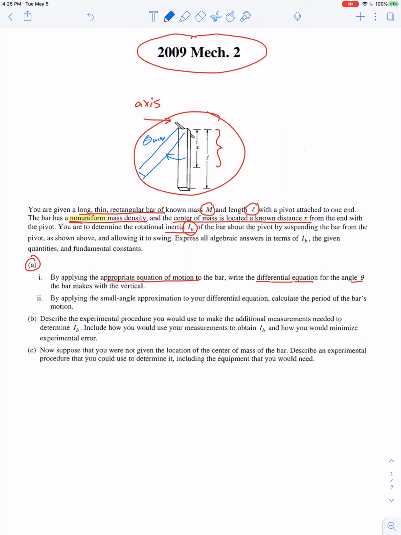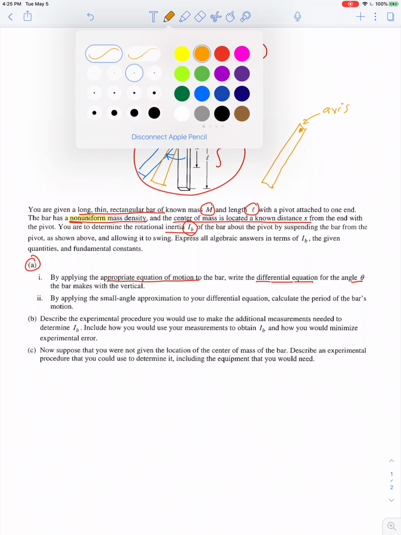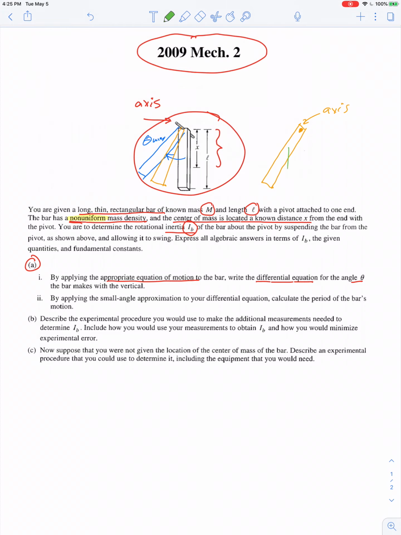So when we release it, at some instant in time, it's going to be part way back to vertical. So we can draw the bar in orange in that position. And if I copy that drawing, we get something like this. The axis of rotation is at the very top, and then there's a force of gravity pulling straight down, acting at the center of mass.